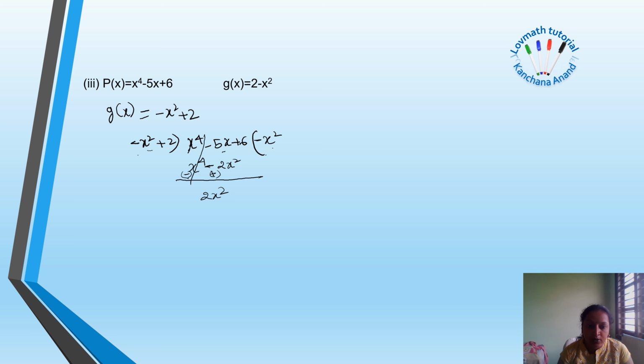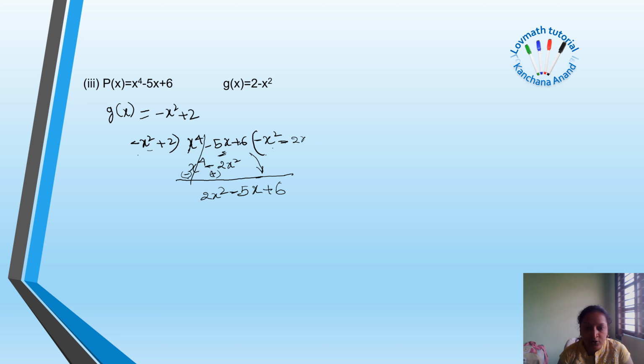And this minus 5x as it is. In the next step, let us bring this plus 6 down for further division. Therefore, to solve this equation, that is 2x square minus 5x plus 6, let us multiply g of x by minus 2x square.